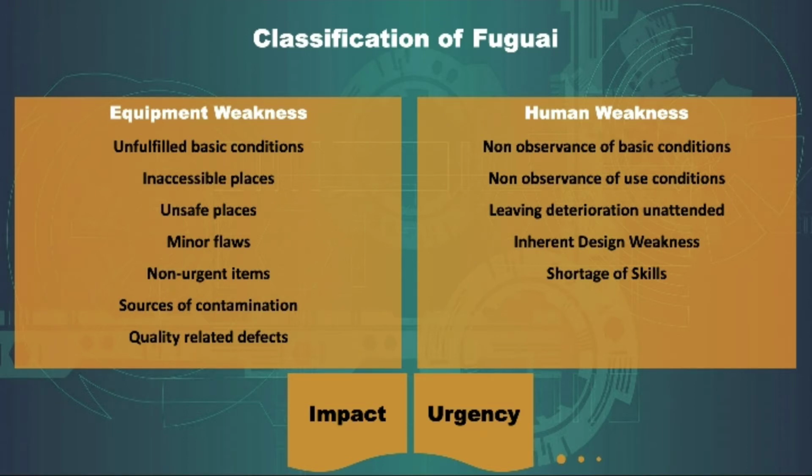Human weakness can be classified into 5 types, like non-observance of basic condition, non-observance of use condition, leaving deterioration unattended, inherent design weakness, and shortage of skills. All of the above may have impact on equipment breakdown, workplace safety as well as environment. Closure of Fuguai may depend on urgent attention, or sometimes the team needs to wait for planned shutdown or major shutdown.